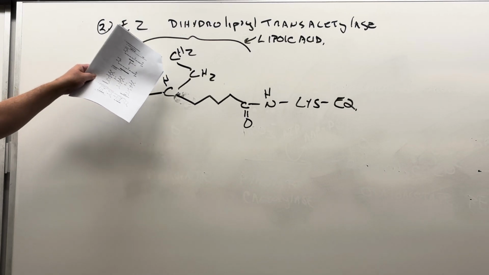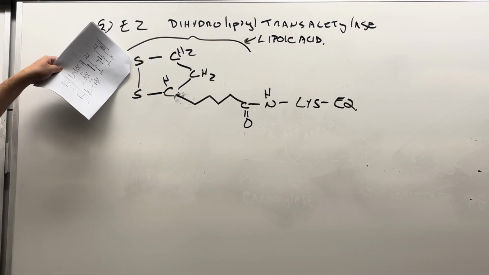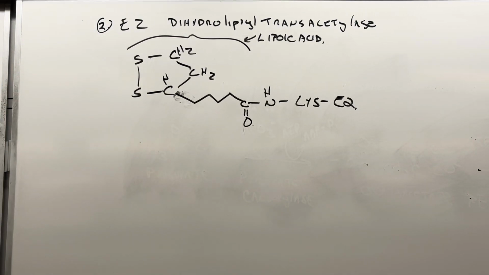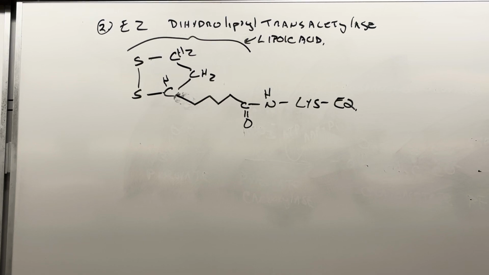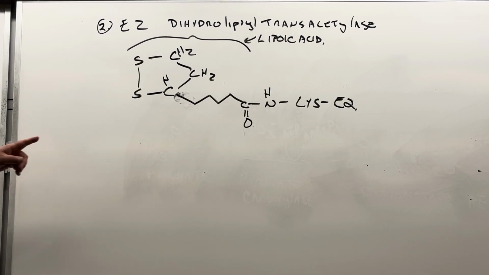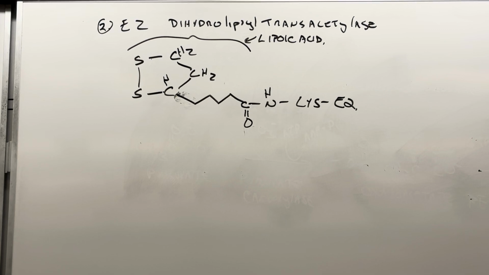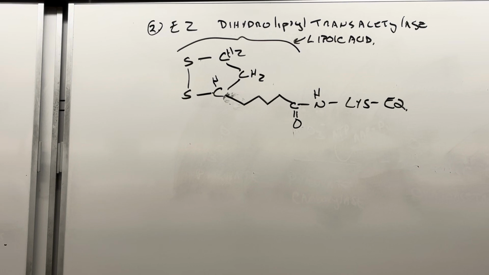And again, this ring is the business part, and it's basically because we can oxidize and reduce these sulfurs in that ring. We're going to start with the oxidized version, and we're going to take those electrons from the thiamine pyrophosphate.